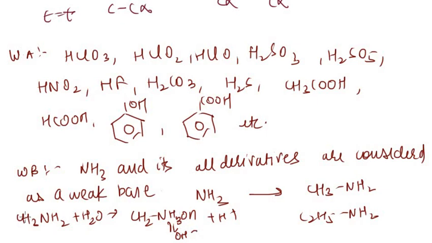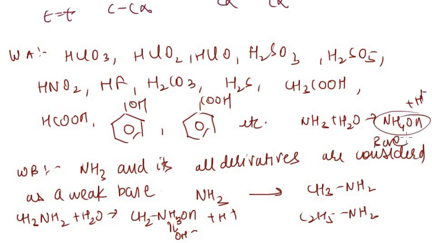Like ammonia, NH3, when we react with water, it forms NH4OH. So this acts as a base. Whenever ammonia dissolves in water, it acts as a base by reacting with water, right?